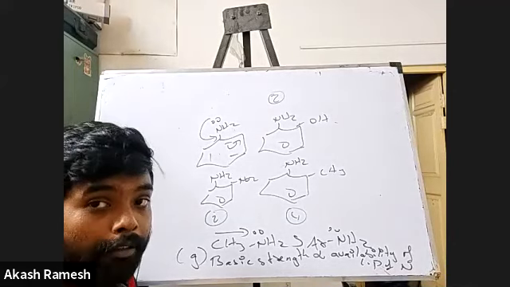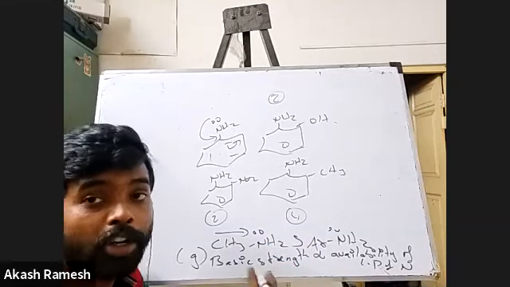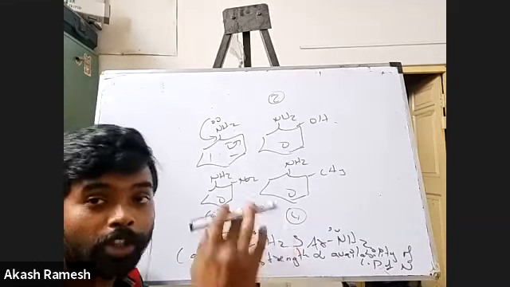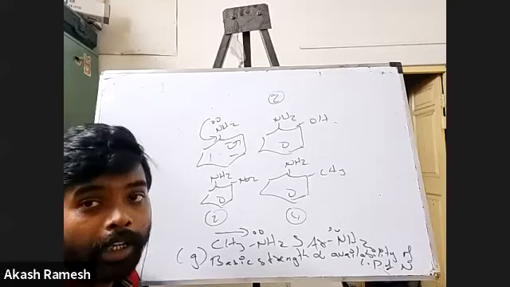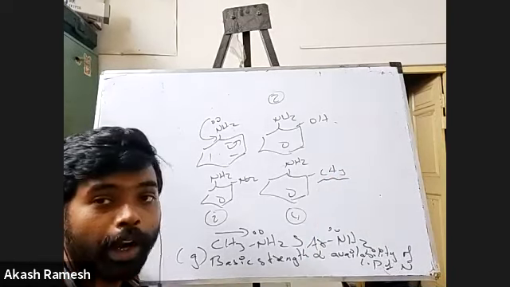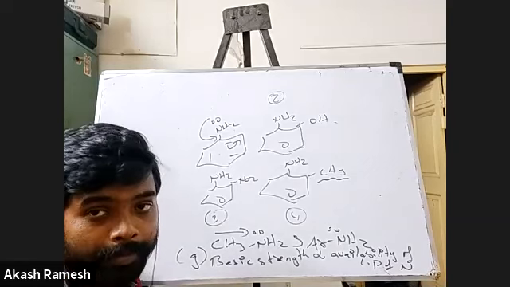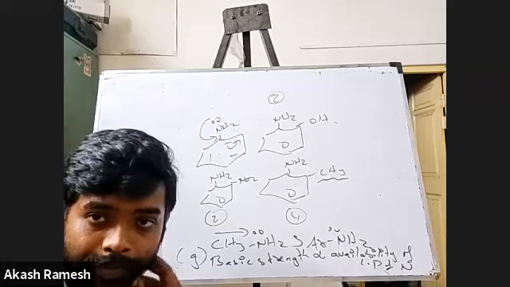So for increasing the basic strength, what kind of group should I have present? Electron donating or electron withdrawing? Donating. Absolutely, electron donating group. Now I understand why you said this, because CH3 is electron donating, right? But electron donating by what effect?